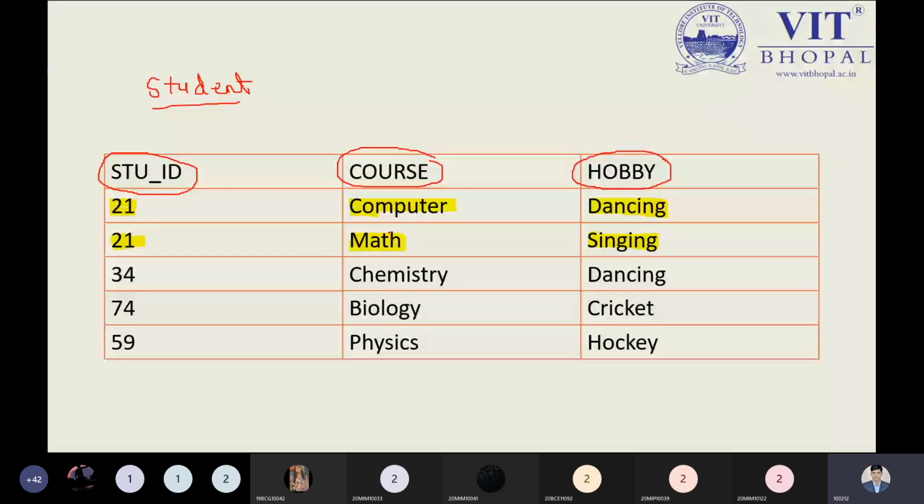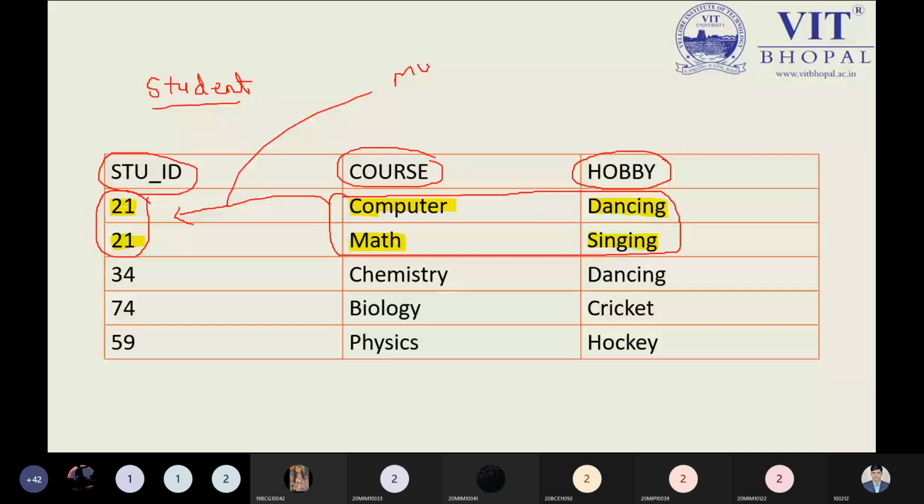If you have the multi-value dependency over here, as per the fourth normal form, decomposition.